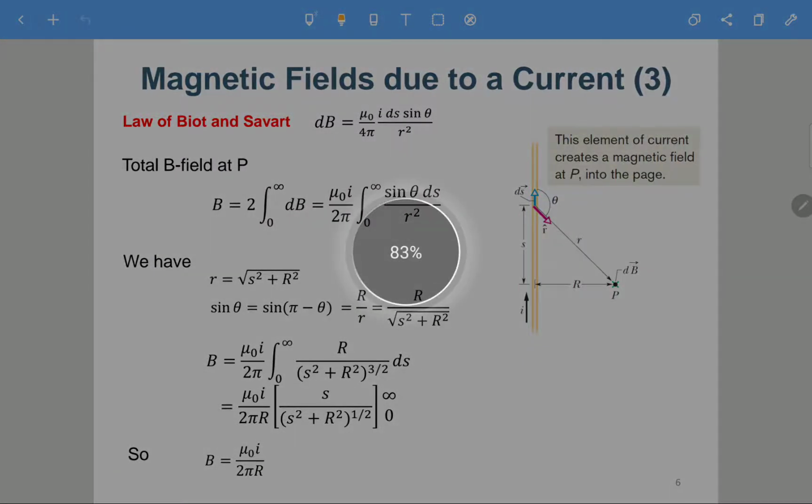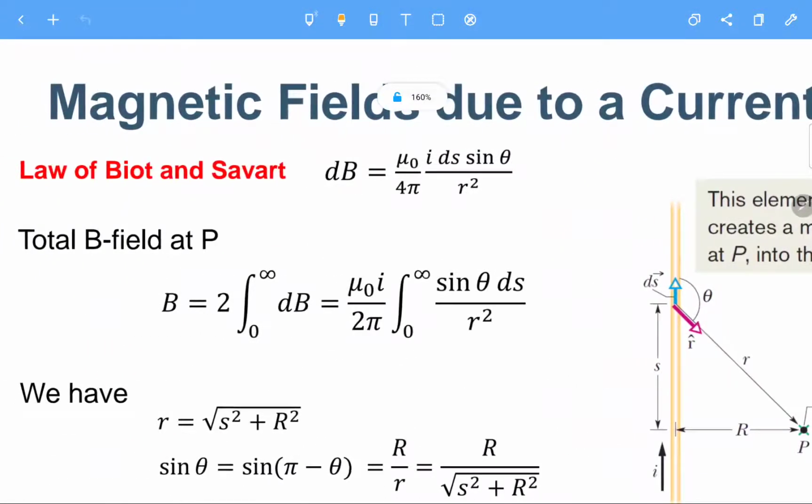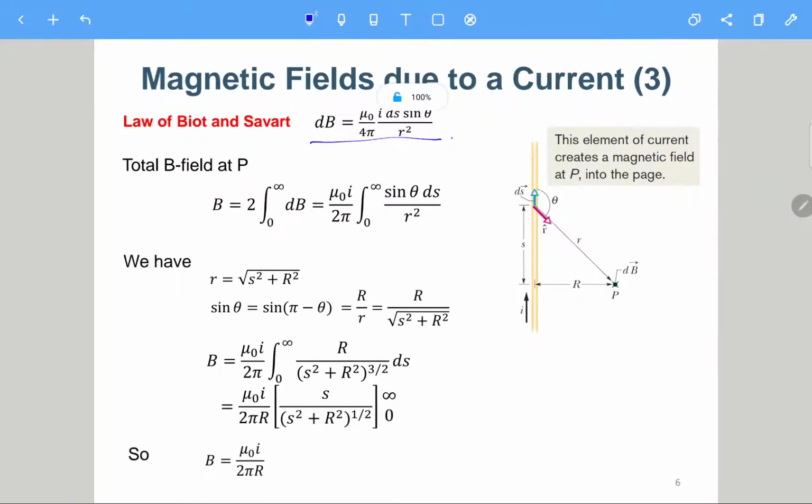Okay, so here, of course, we will use the Biot-Savart Law. Here we have this expression, and for this figure, we assume we have a long straight wire. So this wire is from negative infinity to positive infinity.